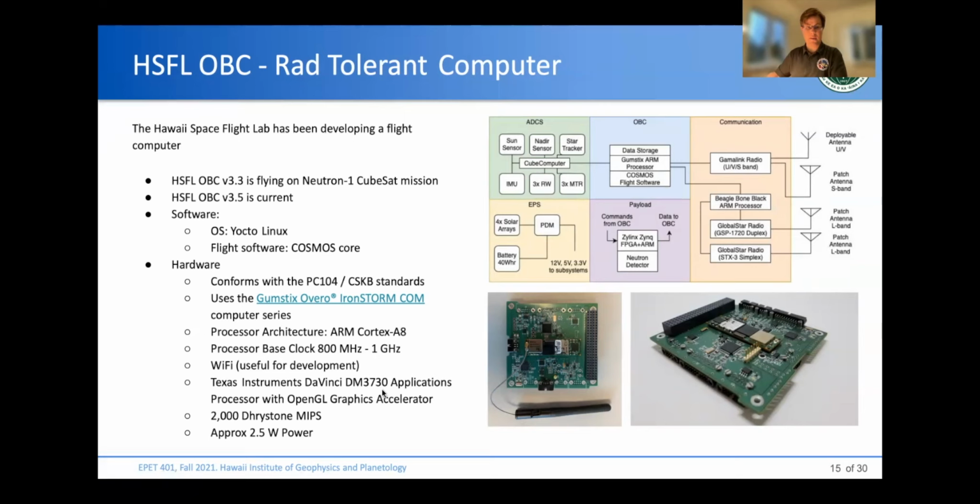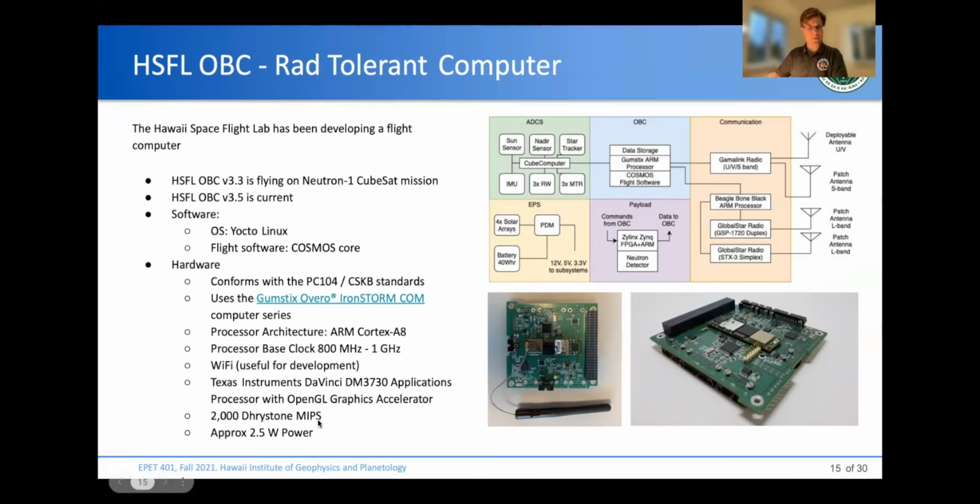And then the processor is this DaVinci DM3730. These Gumstix boards are going out of stock. And so we're actually considering now a different configuration, or a different CPU for these boards.